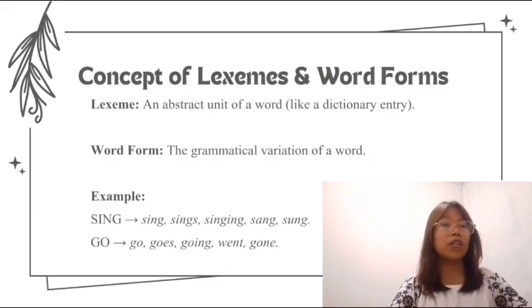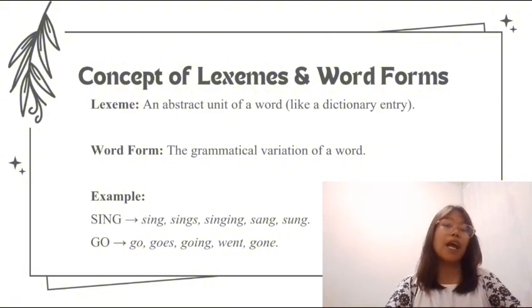Here are many examples to make the concept clear. 1. Lexeme sing, word forms: sing, sings, singing, sang, and sung. All these share the core meaning to produce musical sound with the voice. 2.